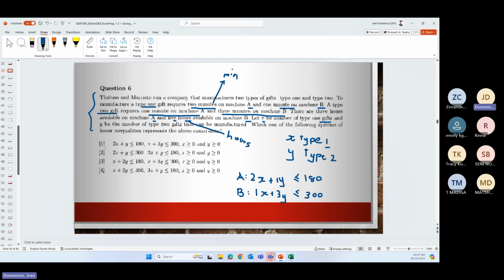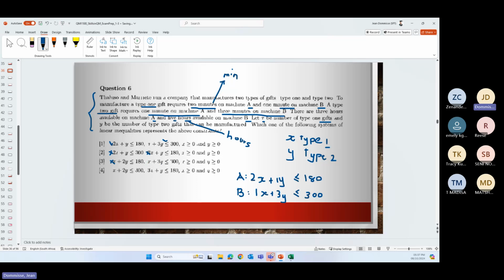Okay, so let's now look at it. 2x plus y is less than 180, so that is correct. X plus 3y is less than that. 2x plus y less than 300, so those two are wrong. X plus 2y, so that again is wrong.